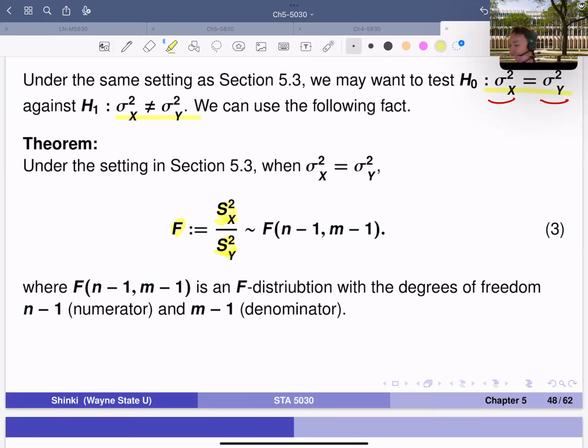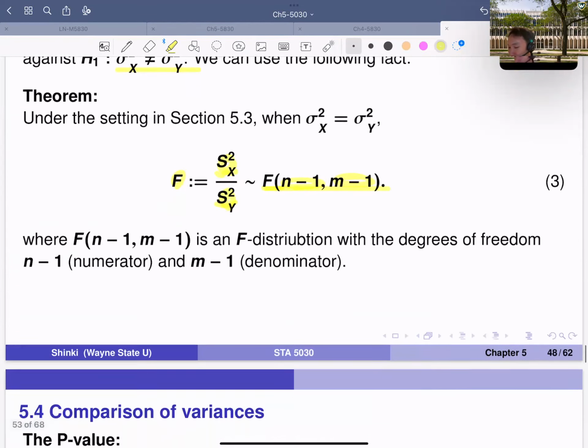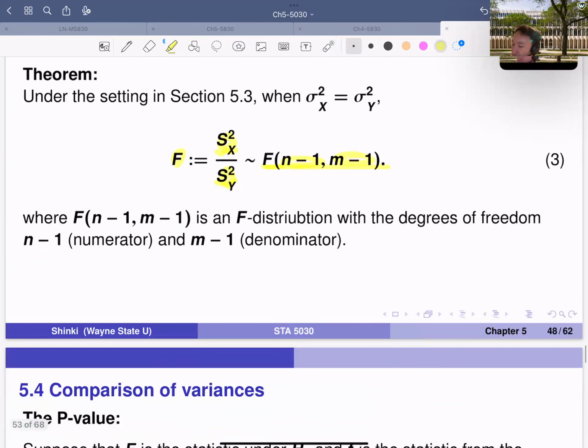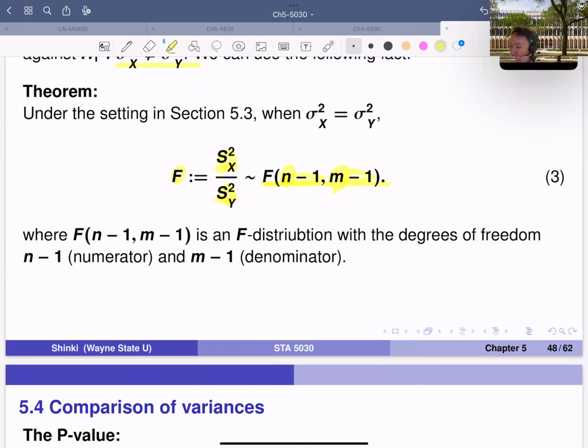It is a more mathematically beautiful distribution, so that's why we take the ratio. This follows the F distribution with degrees of freedom n-1 and m-1, where n is the sample size for x and m is the sample size for y.